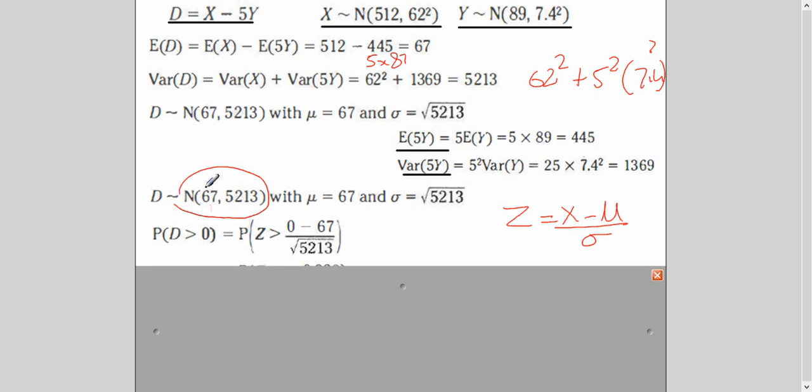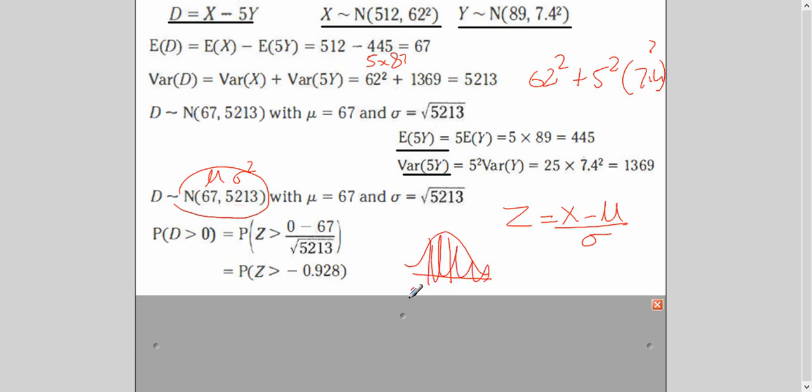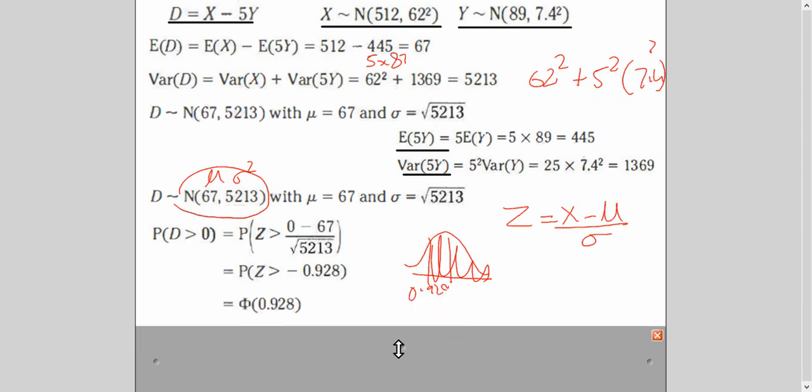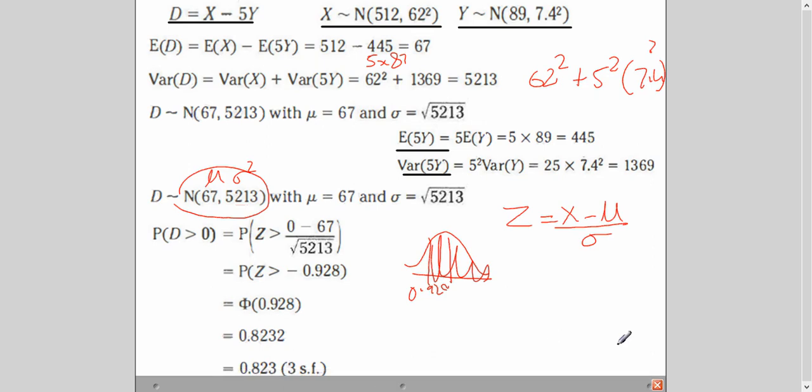So we are just using mu and variance here. And once we get the value of z, we can use the standardized table and find out the probability. So this probability you have to calculate for 0.928 z value. I'm not going into the detail of it because it is understood that you know how to read the table and how to calculate the probability. So this is the probability you will get in 3 significant figures.